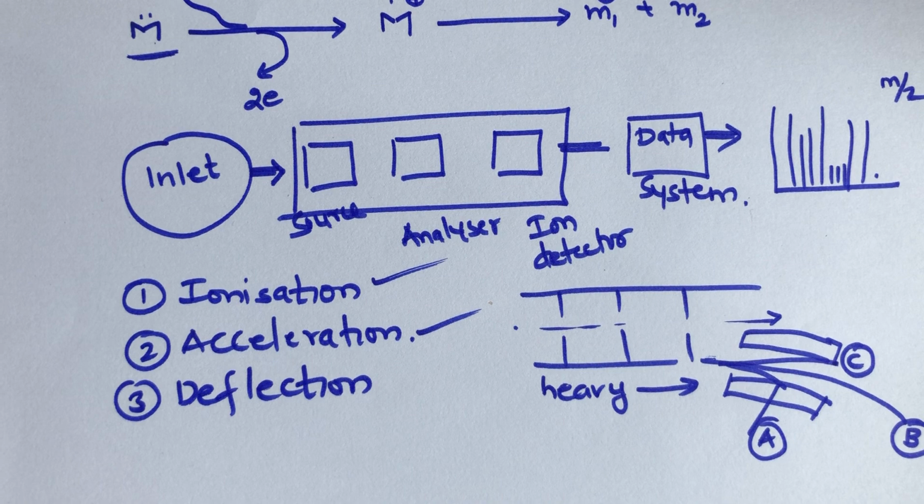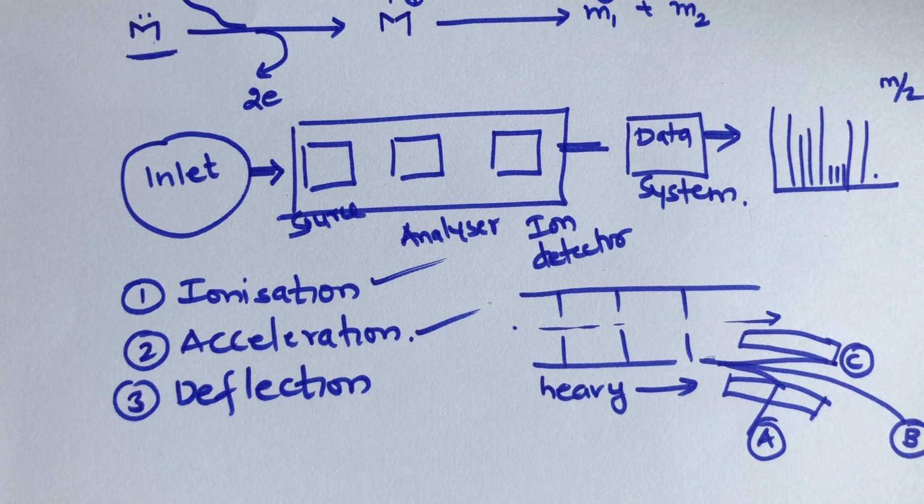The mass to charge ratio is determined from the ion that hits the detector. For resolving the ions into their characteristic mass components according to their mass to charge ratio, we use an analyzer, for detecting the ions and recording the relative abundance of each of the resolved ionic species.